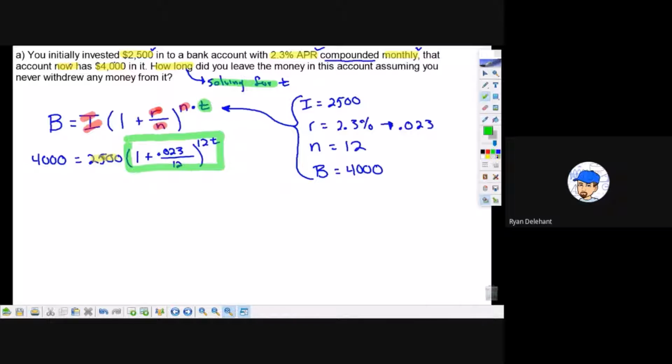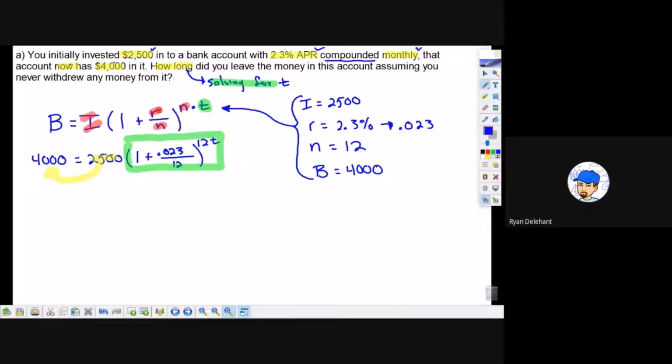I have to move this number, this 2500, over here, and then I'll have an exponential that I can write as a logarithm, which gets the time, which will get the power by itself and allow me to solve for it.